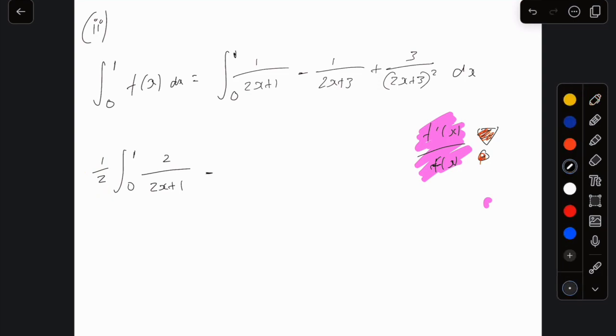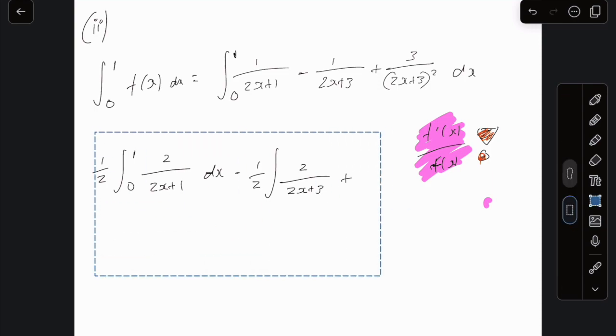So minus, and for this one, we've got dx there, so it's going to equal a half 2 over 2x plus 3, okay? Because remember, the derivative of 2x plus 3 is equal to 2, okay, guys? Cool.